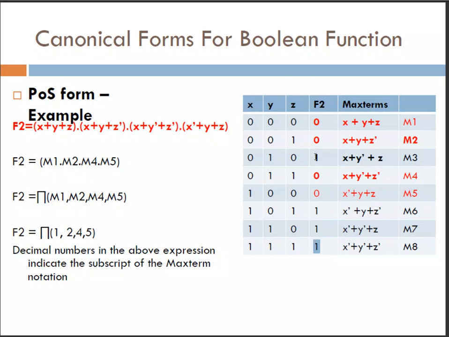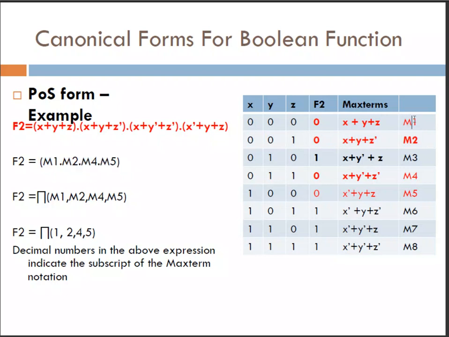Then we take a product of those. It means that you have max 0, max 2, max 4 and so on, written in this way. Wherever we have a 0 is where we take the value to be replaced in the function expression, which is the reverse of SOP.